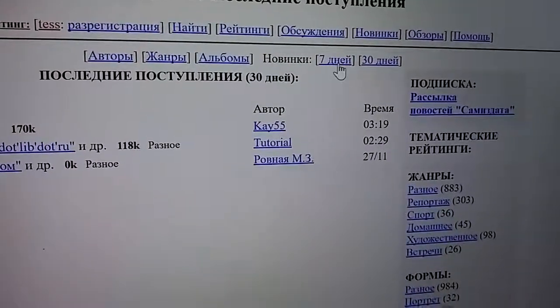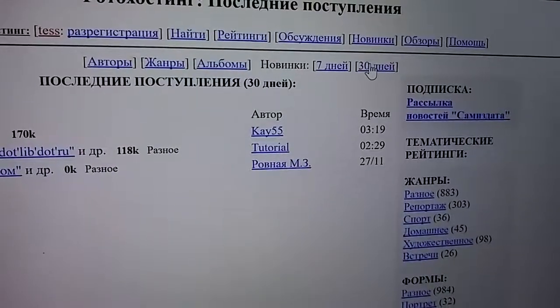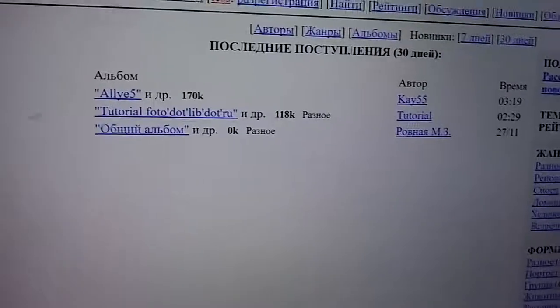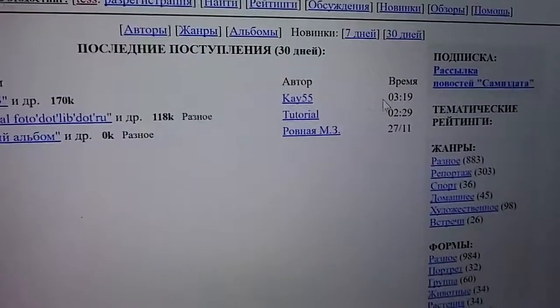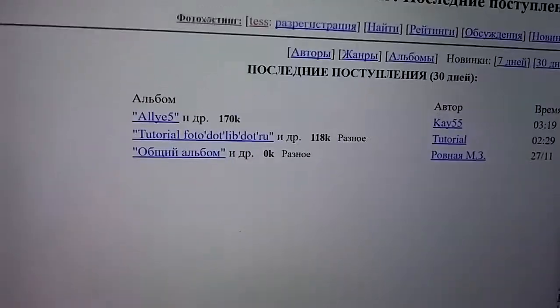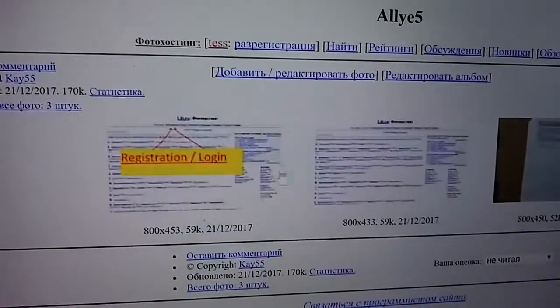You can pretty much press new ones 7 days old or 30 days old, and here are the postings. You can find, there it is. There's the posting, that's the album name, that's the author that we created, just when we posted it. Yeah, that's it. You click on that and then you can watch the photos, you can press on them. That's pretty much it.